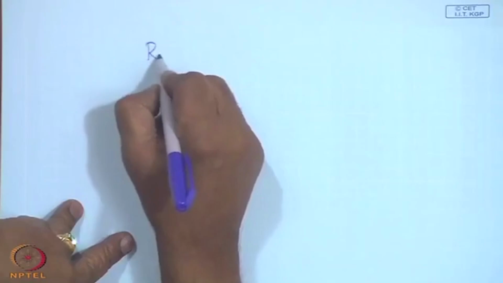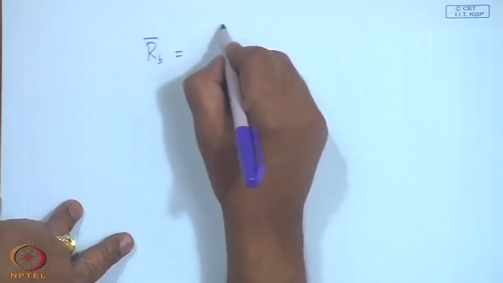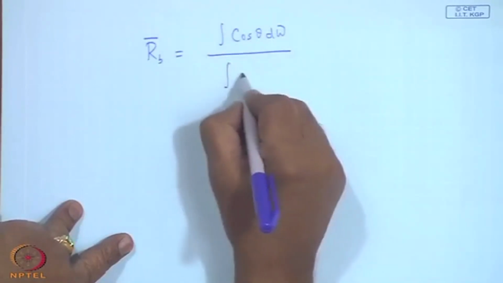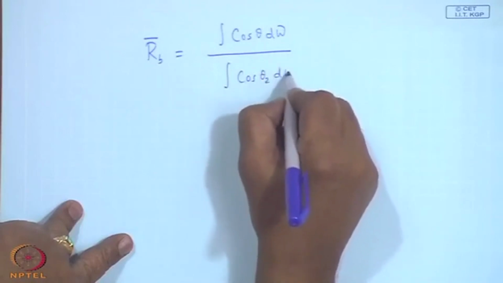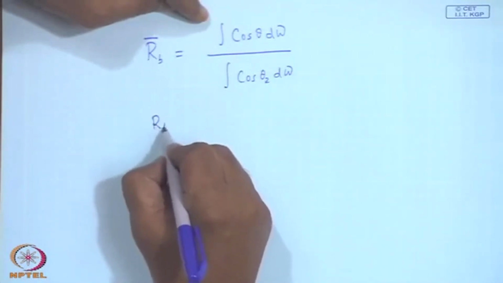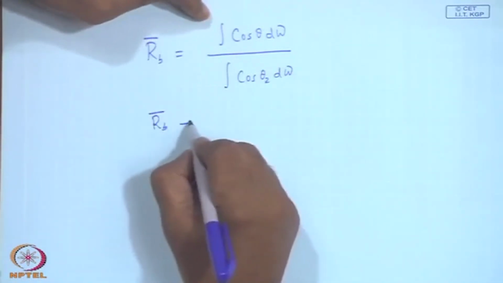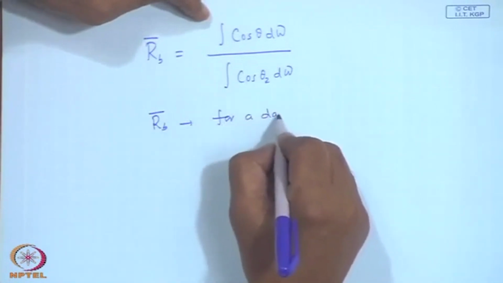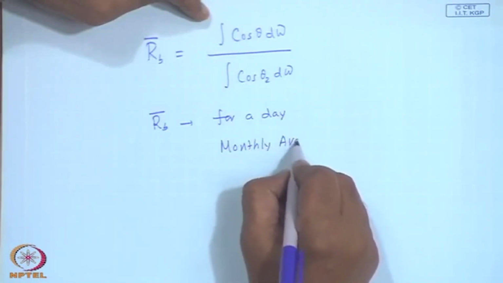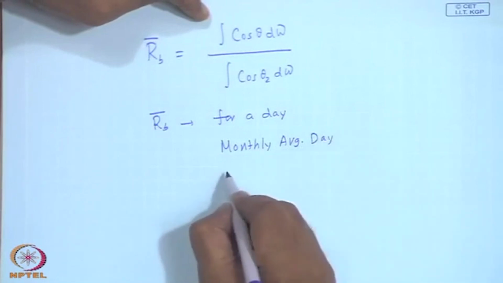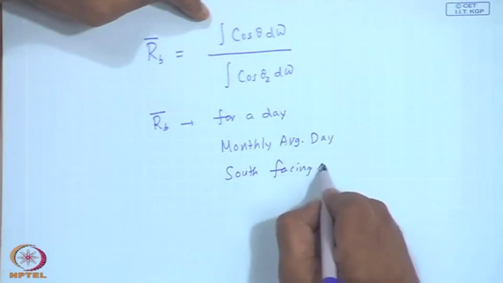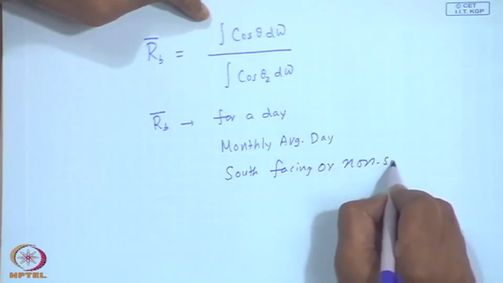So, RB bar is simple. Before we proceed to examine this, in fact, even RB bar can be for a day, then a monthly average day, and it could be south facing or non south facing.